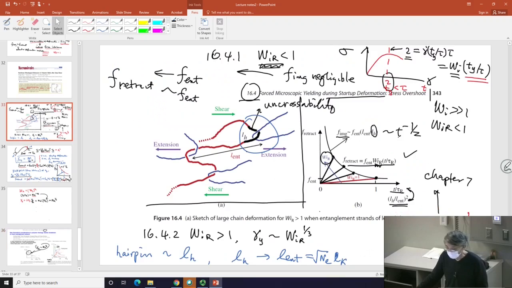Good point. So you can think this way, the simplest. You can imagine that a strand that I just depicted as LH.